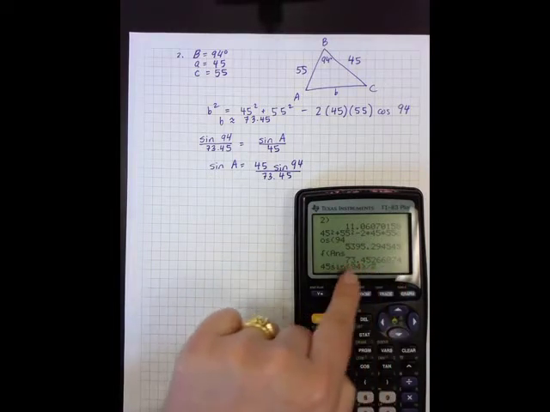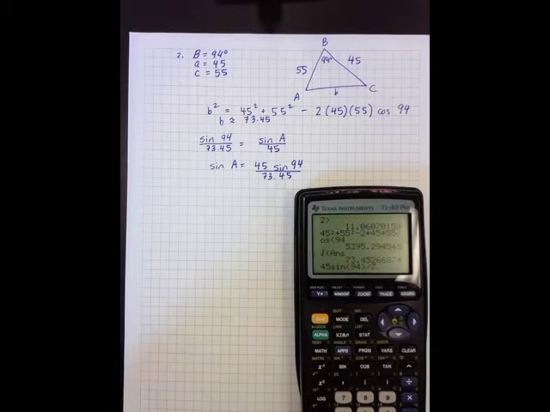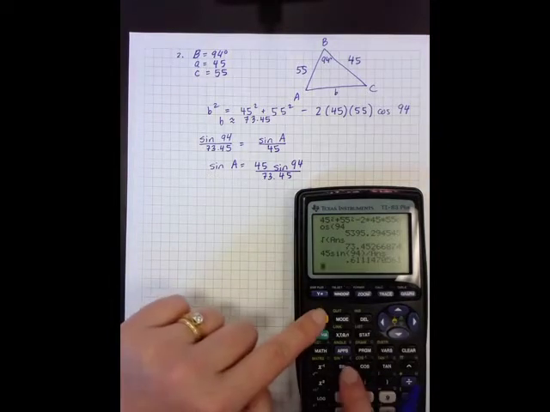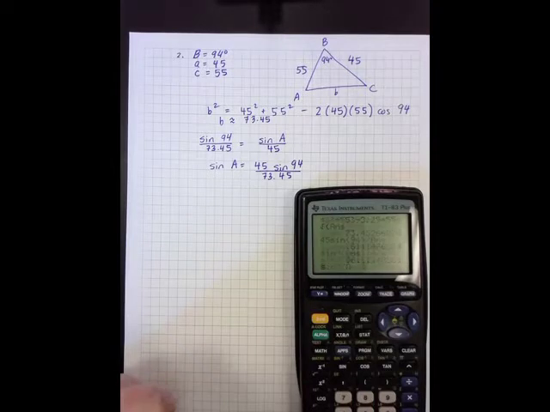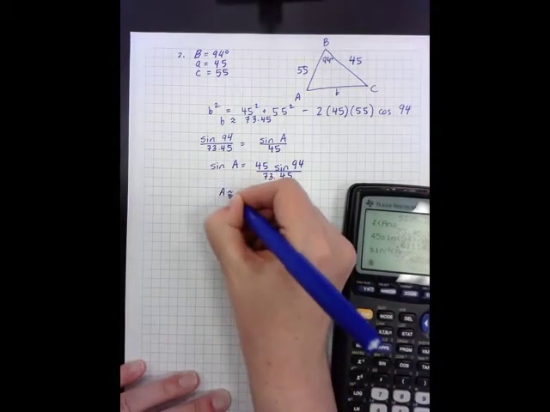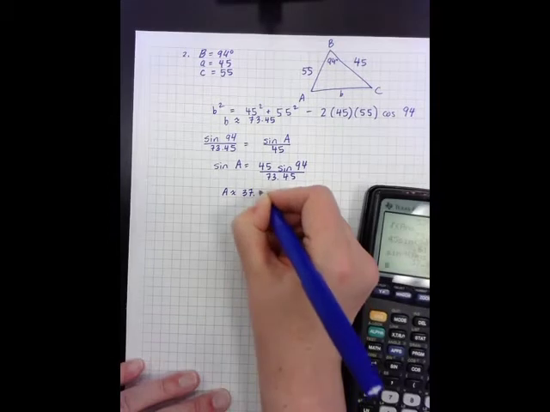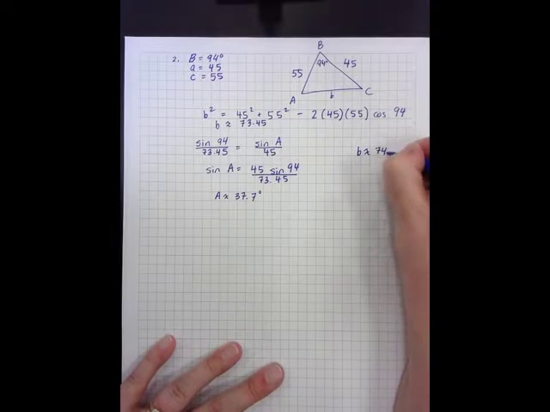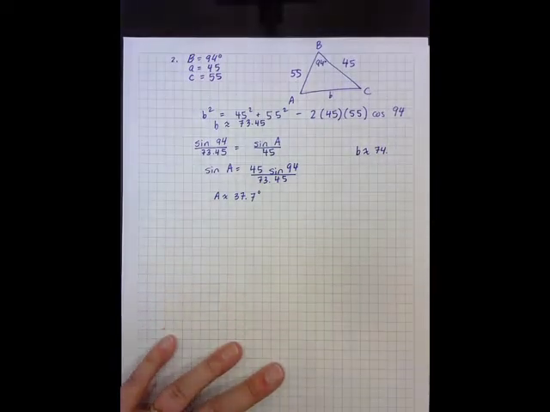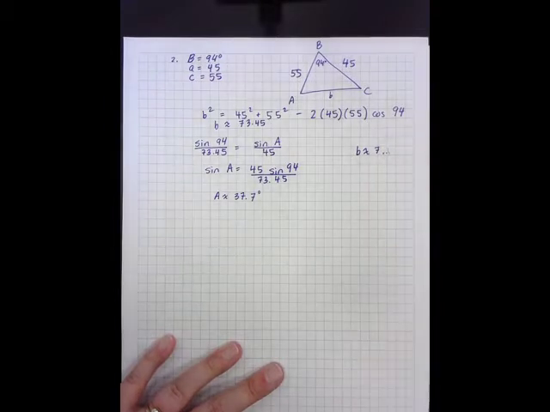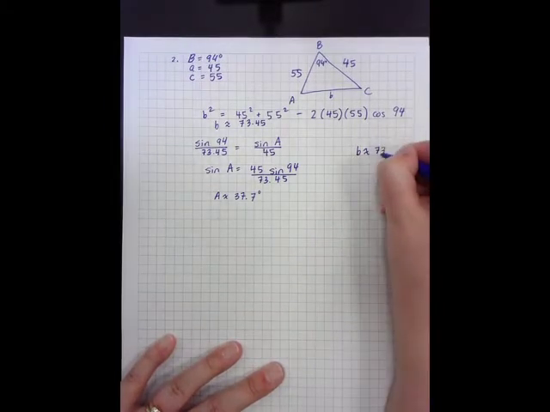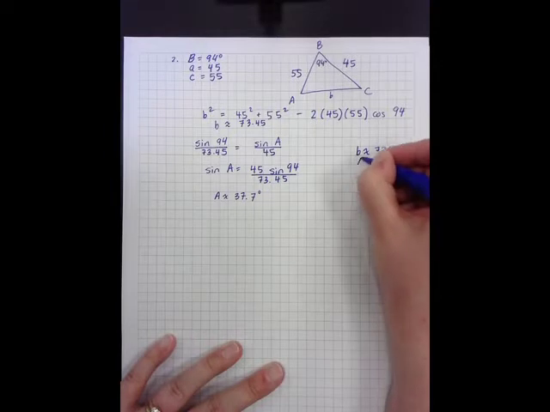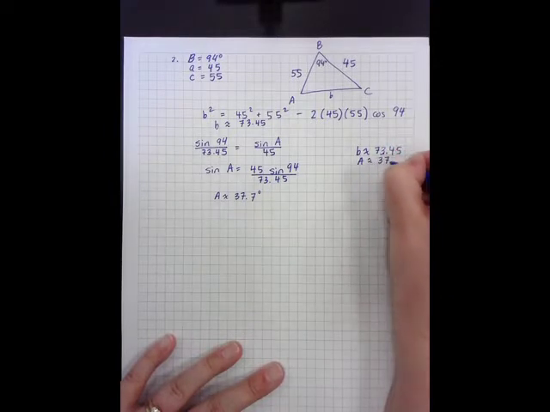Since I already have that answer in my calculator, I can keep my answers even more precise by using what the calculator has stored that number to be. And now, of course, in order to solve for A, I need to do sine inverse of that. So sine inverse of that answer gets me A approximately 37.7 degrees. So I now have side B, 73.45, and I have angle A, 37.7 degrees.